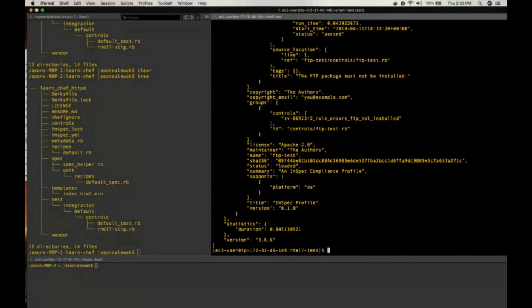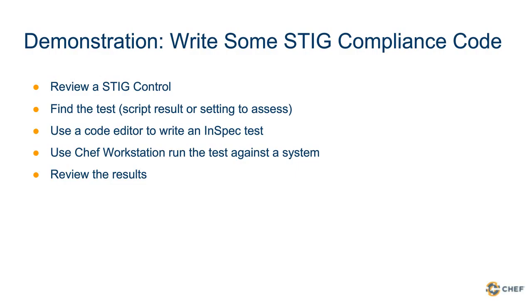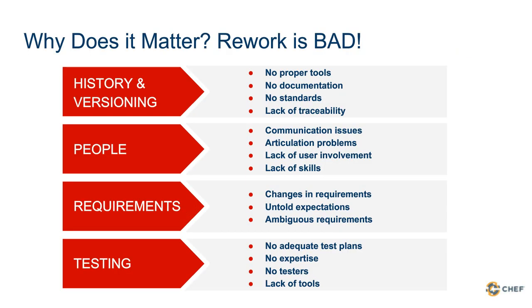And let's talk about why rework is bad. Hopefully we can agree that rework is bad. Since humans are involved and humans are by nature imperfect, rework is inevitable when you're producing software or doing any sort of work.